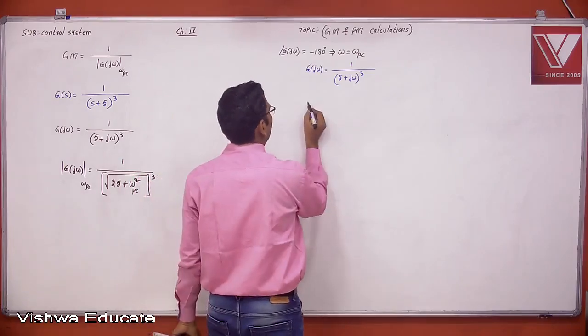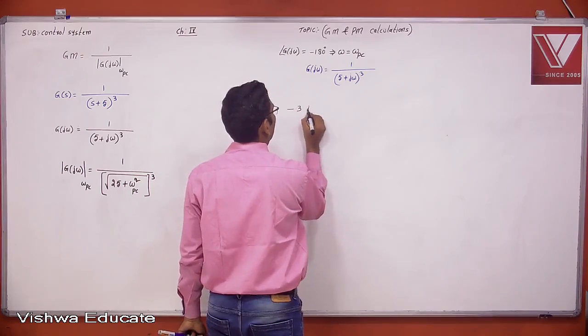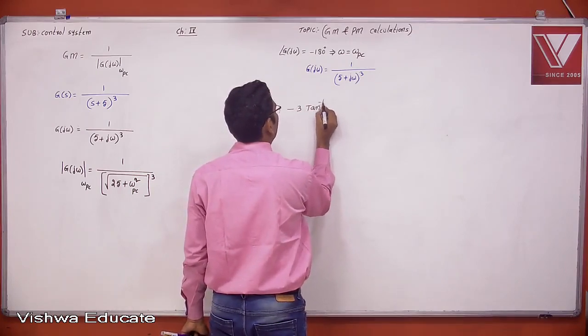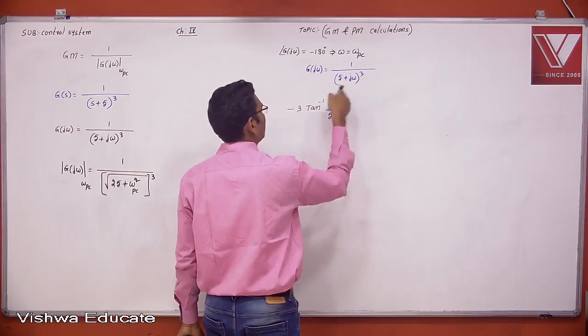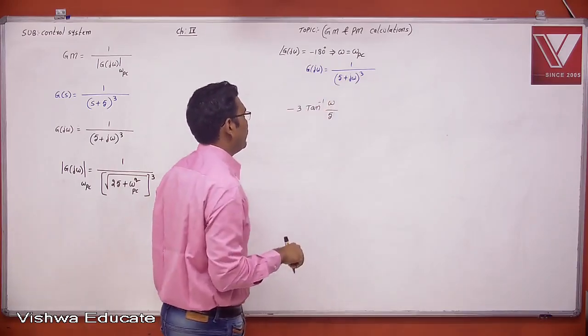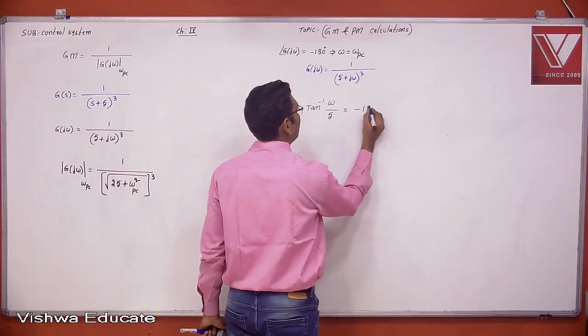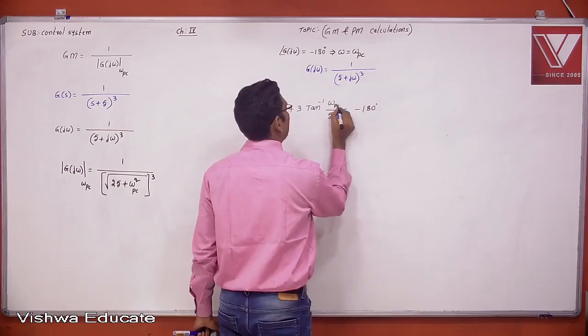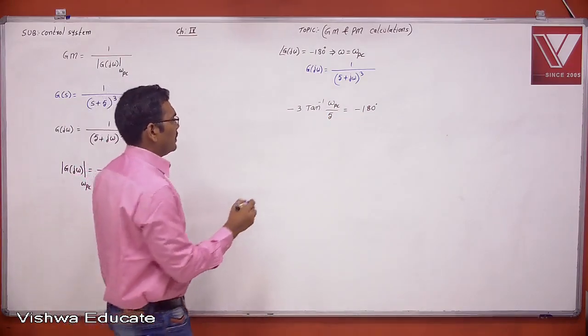The phase angle of the denominator is minus tan inverse of imaginary part by real part, but this is three times. When it is equal to minus 180 degrees at a particular frequency, that particular frequency is called the phase crossover frequency.